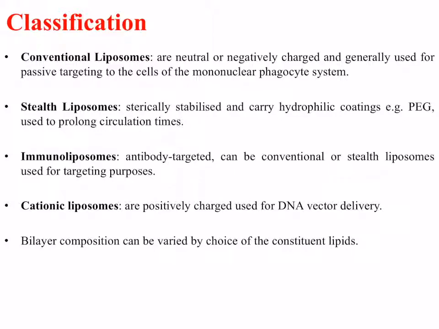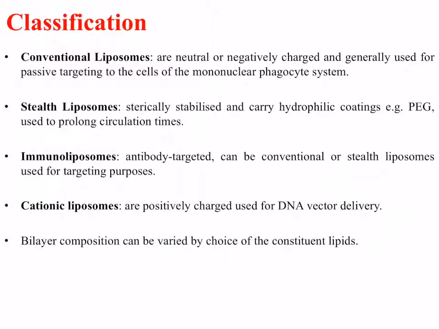Immunoliposomes are ones that carry antibodies that can target them to different cell types. These can be also combined with conventional or stealth liposomes for targeting purposes. Cationic liposomes are positively charged and can be used to load negatively charged DNA for vector delivery. And also you can vary the composition of the bilayer by different choices of lipids.